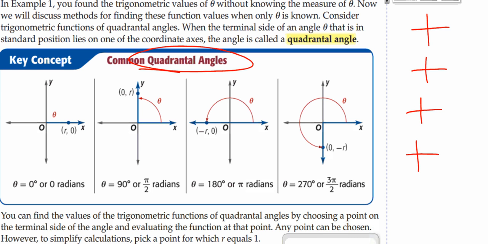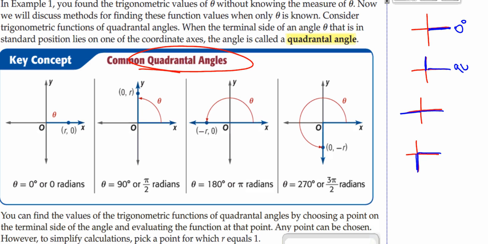If the terminal side is on an axis, so that means initial side is always on the positive x-axis, then the terminal side might be on the positive x-axis as well, or it might be on the positive y-axis, the negative x-axis, or the negative y-axis. So this is 0 degrees, or 0 in radians.